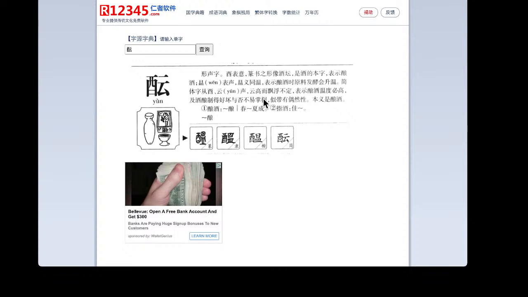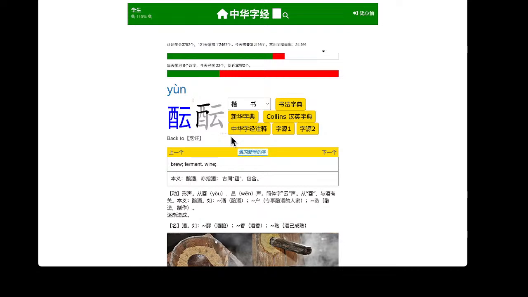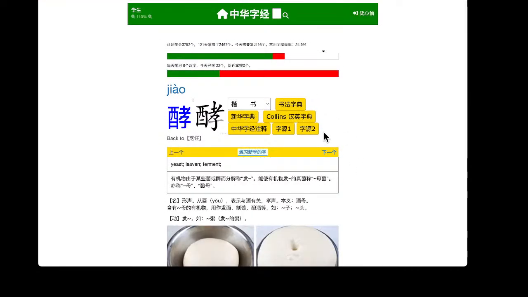I guess yun means high in the sky and not stable, and so you can make the connection to wine. Wine will make you high, right, make your mental state unstable, and make your body warm. So all these things can make the connection and help you remember this character. Okay, so this is yun.